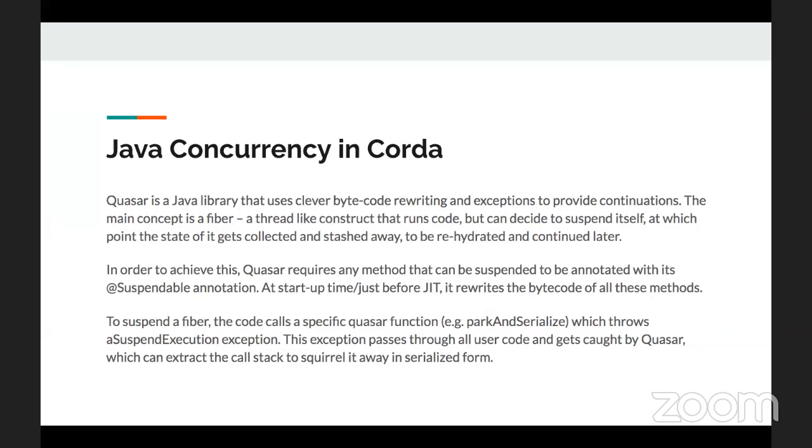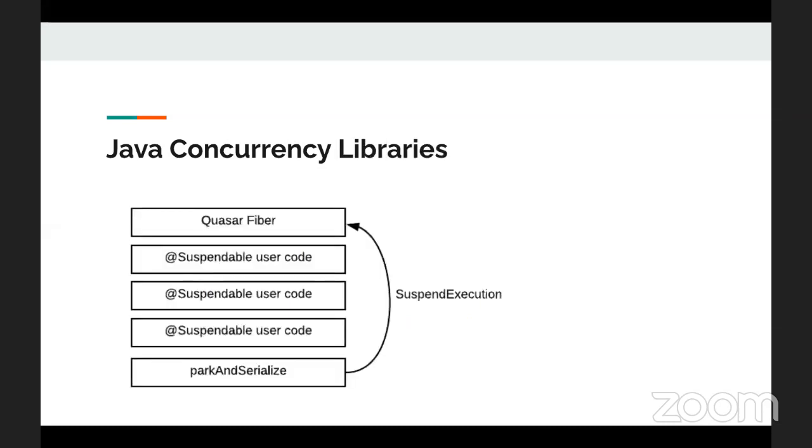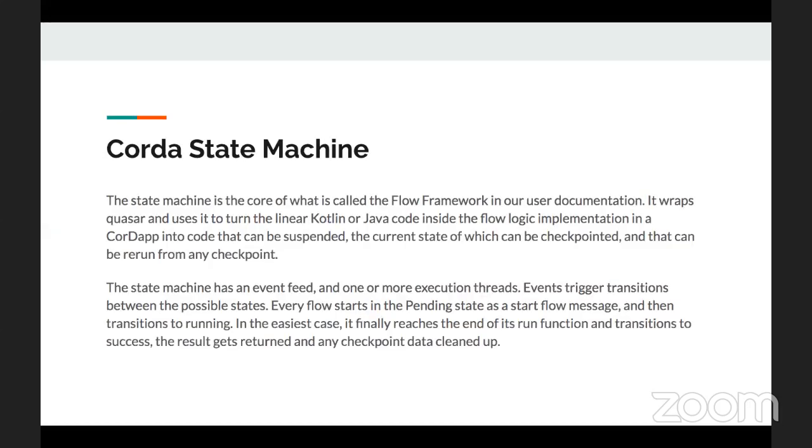Instead of threads, we use fibers in Corda. Corda is not multi-threading by default. It is using fibers in Quasar, which is implemented by Parallel Universe. So this is about Java concurrency. Quasar fibers are used with the suspendable annotation. We park and serialize them when they are suspended. Then we can resume them later.